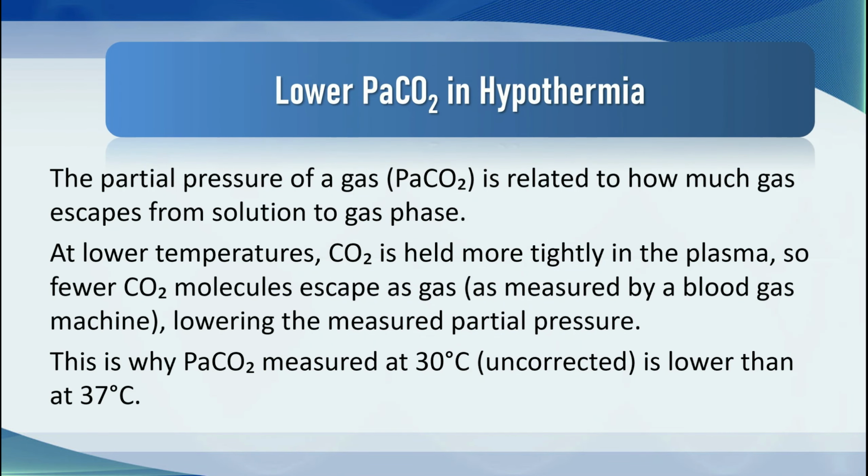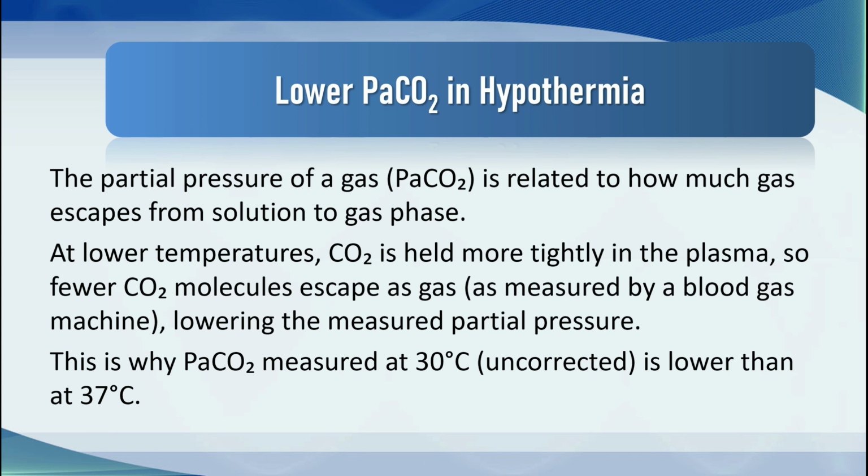The partial pressure of CO2 that we measure using a blood gas machine is related to how much gas escapes from a solution from the liquid phase to the gas phase. At lower temperatures, carbon dioxide is held more tightly in the plasma, so fewer carbon dioxide molecules escape as a gas.